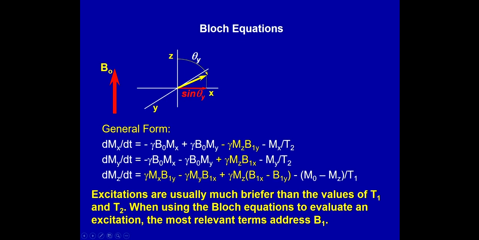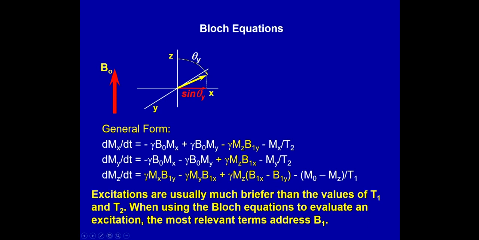These T2 and T1 processes I'll talk about later, we're talking about tens of milliseconds usually, or seconds. So this B1 application occurs practically in an instant compared to these other things.